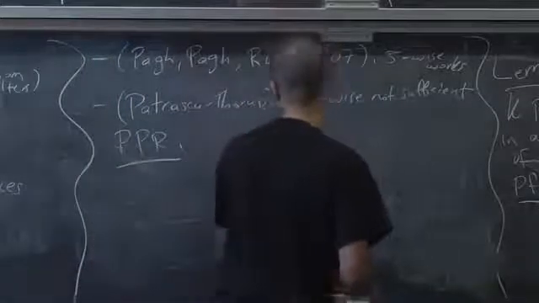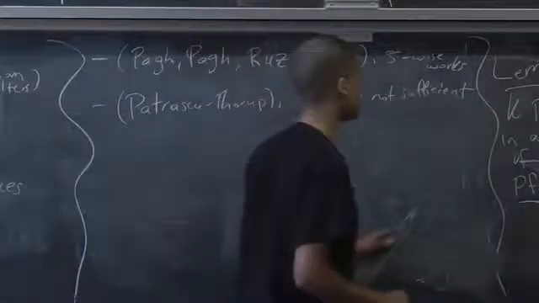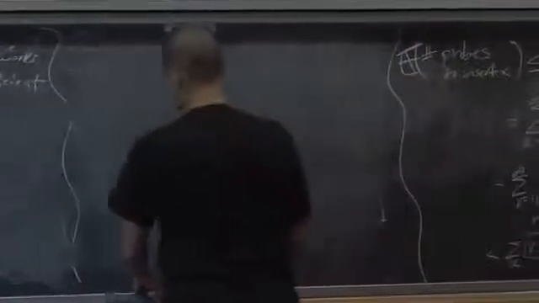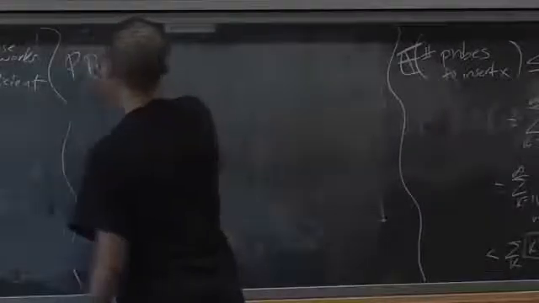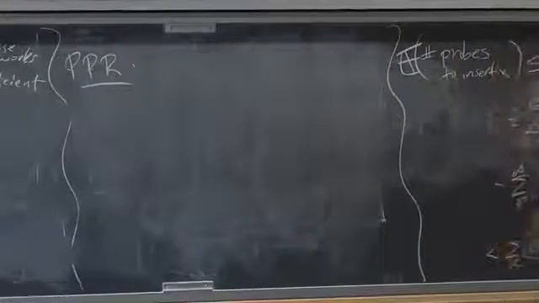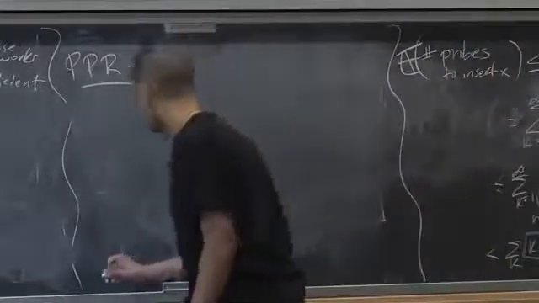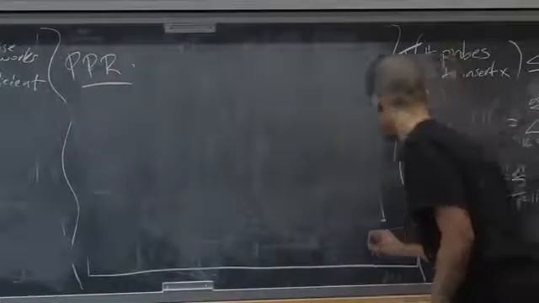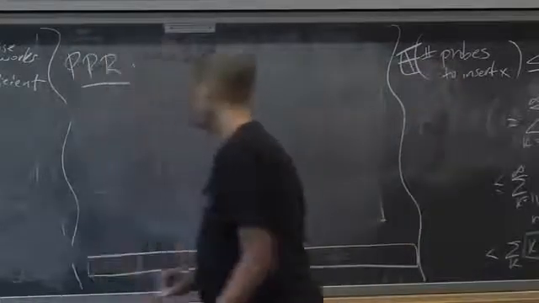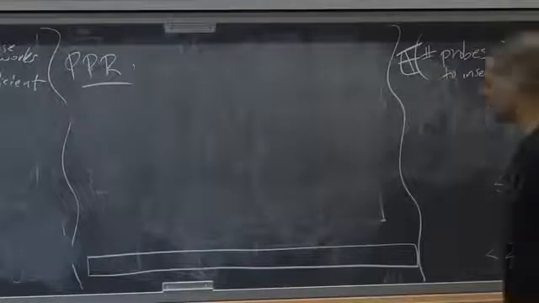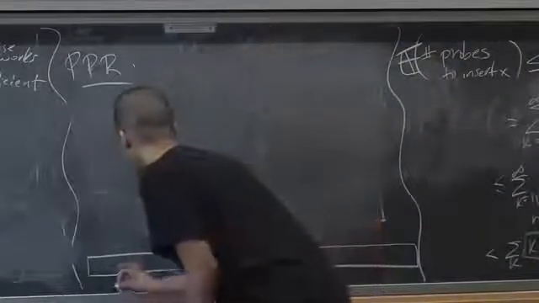Let me give myself some space. So the Pei-Ružić argument is as follows. We have this array here of length m. Let's say that it's a power of 2.